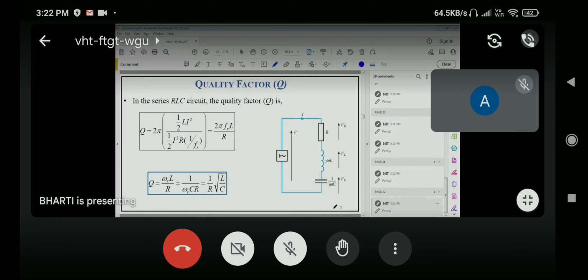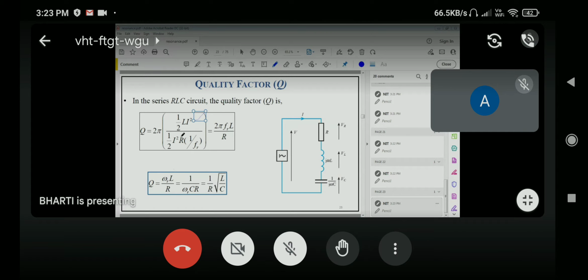So this we can write down in case of an RLC circuit. You can write the expression as 2 pi times peak energy stored, 1 by 2 L I square, upon energy dissipated, 1 by 2 I square R into 1 by Fr.